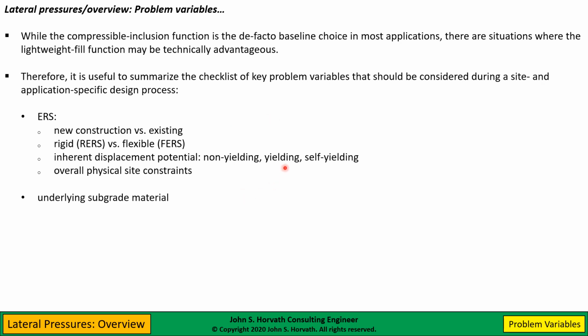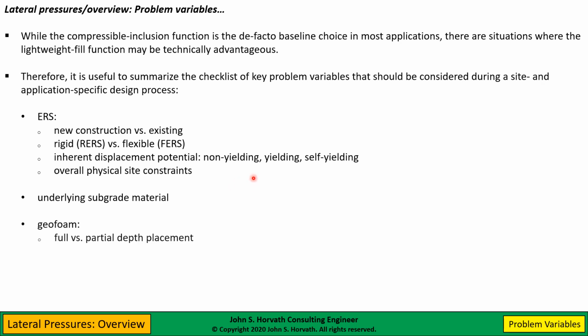If you had a soft subgrade under the site, I'll be the first one to say this is quite probably a situation where you would use the lightweight fill function, because in addition to reducing the lateral pressure on the earth retaining structure, it will also reduce the vertical pressure on the ground that's going to cause settlement or potential instability.